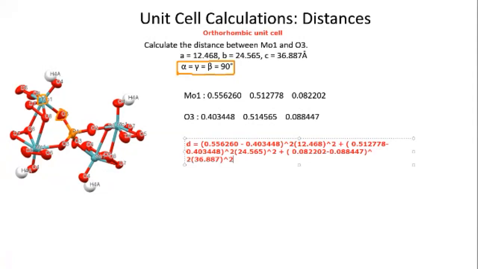And remember, all of this is taking the square root. So make sure you put it in brackets to know that you have to take the square root of all of this.